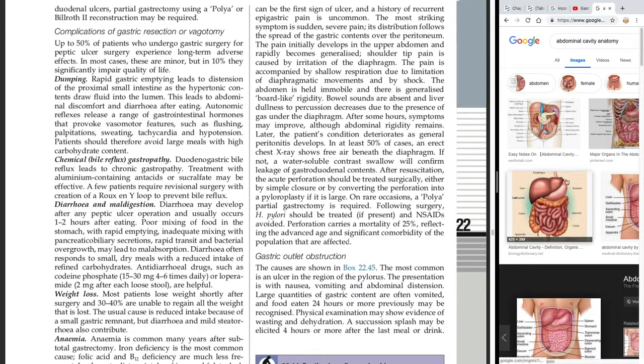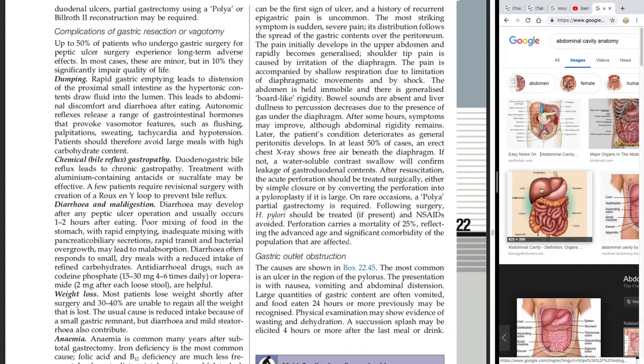So if you can do a chest X-ray when the patient is standing, that's what's meant by erect. When the patient is standing, do a chest X-ray, and you will see air under the diaphragm, because when you're standing, the highest part is below your diaphragm.